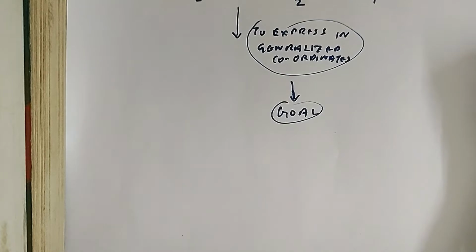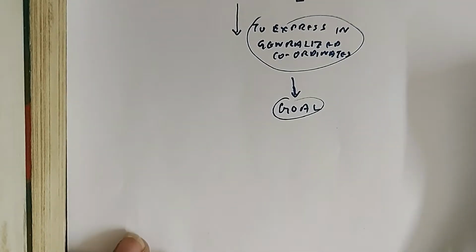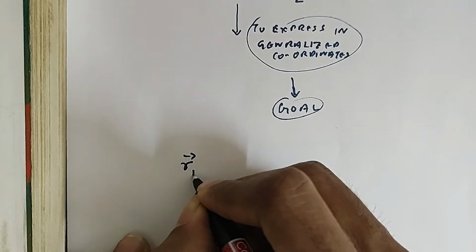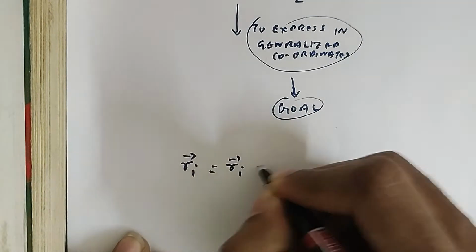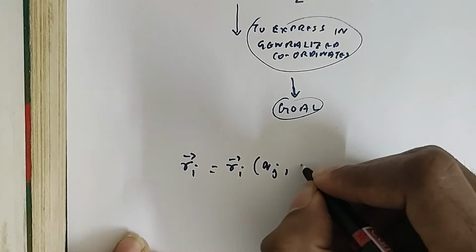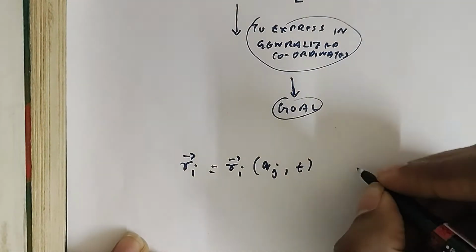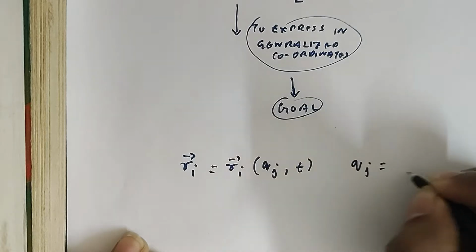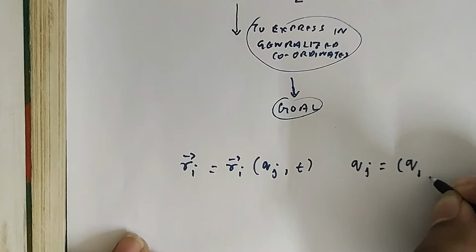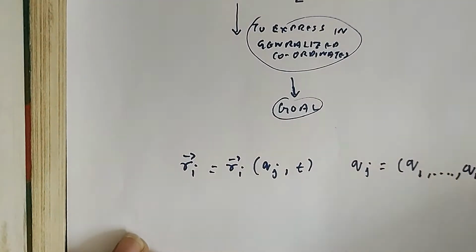Alright, so if you recall from our earlier discussion, the vector r_i is a function of the generalized coordinates as well as the time, where q_j represents all the components of generalized coordinates ranging from q_1 to q_n, right?